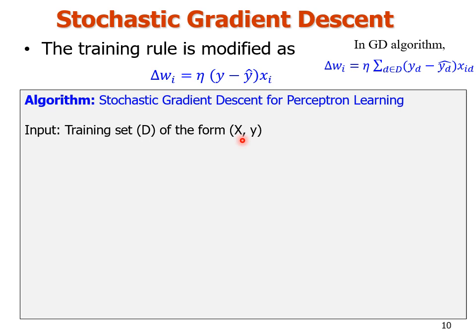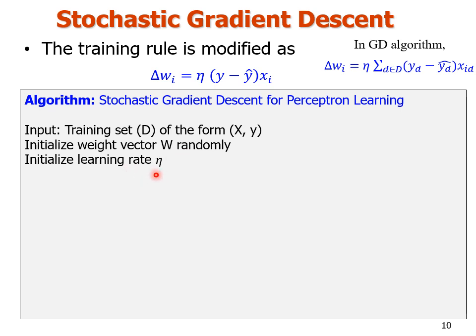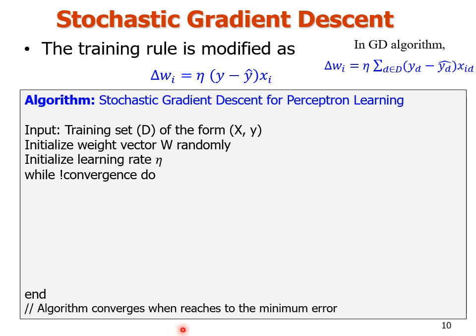We are going to initialize the weight vector w randomly. Also, we are going to initialize the learning rate eta with some small positive constant as usual. This algorithm also iterates till convergence is reached.